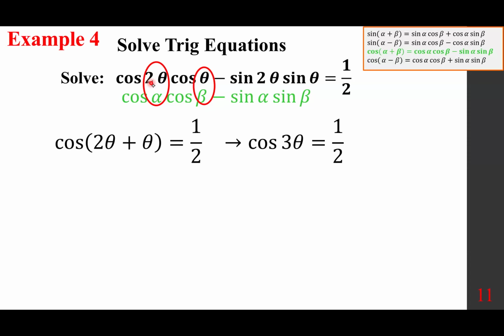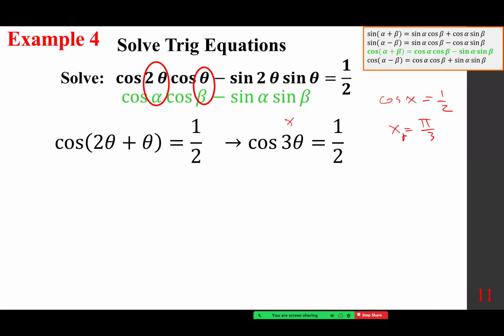Or cosine x equals 1/2, and you know cosine is 1/2 when it's pi over 3 in the first quadrant. So if we think of this as x, cosine x equals 1/2, and then x is pi over 3, or better yet, x sub r, that means the reference arc.